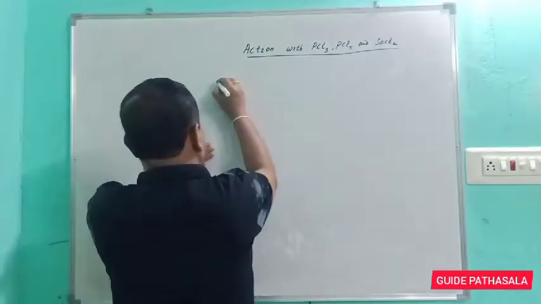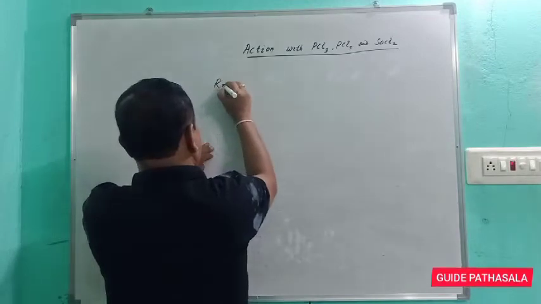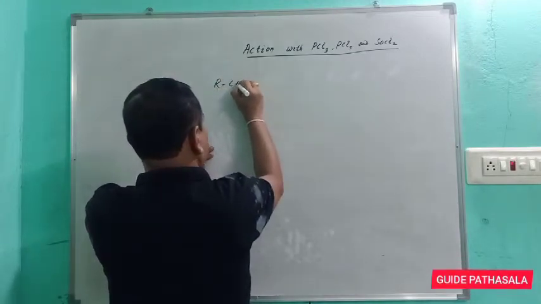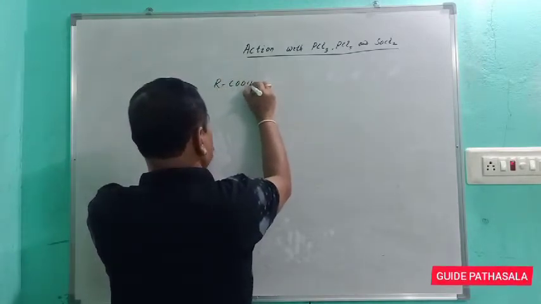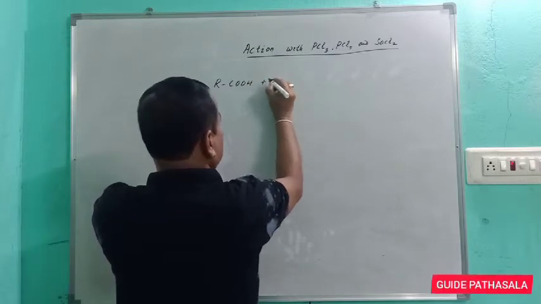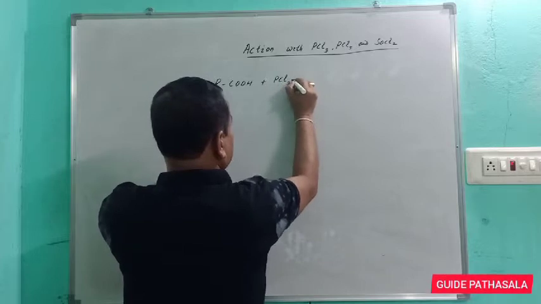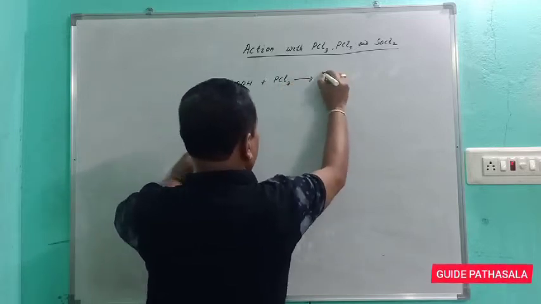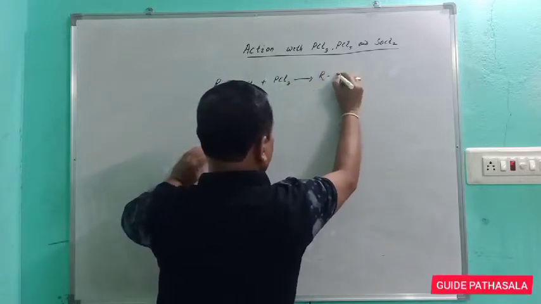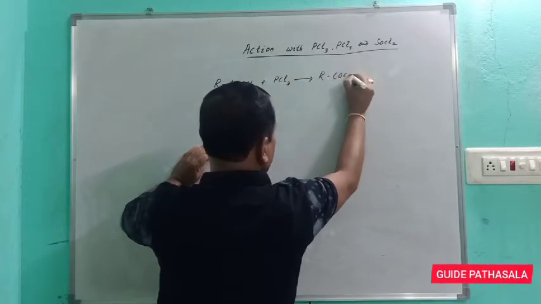Suppose you take a carboxylic acid having the formula R-COOH. When a carboxylic acid reacts with PCl3, an acid chloride is formed. The formula for acid chloride is RCOCl.